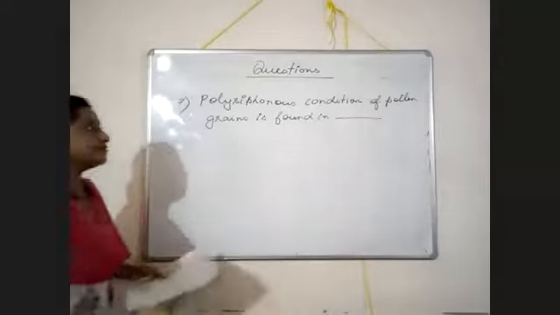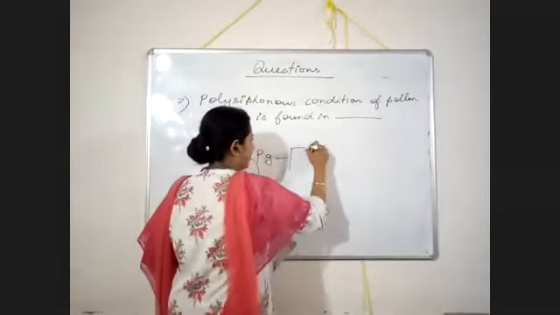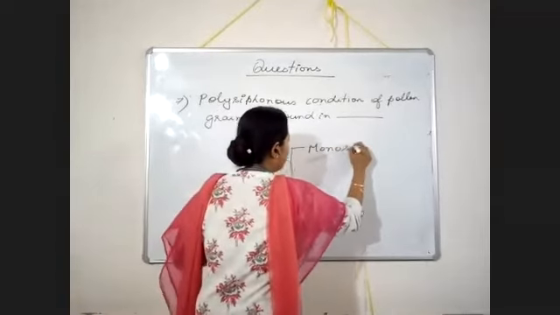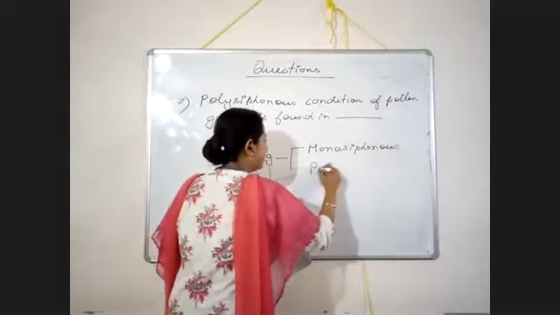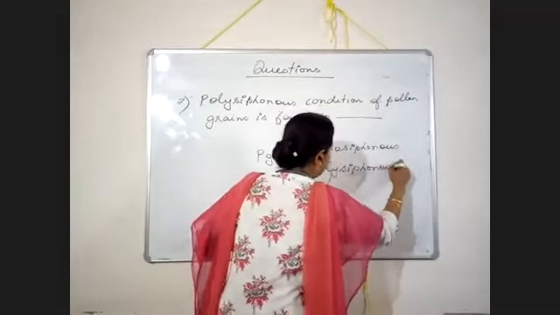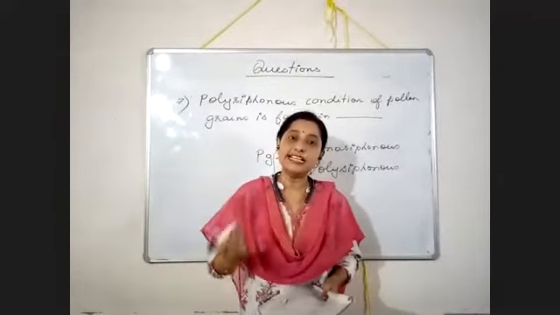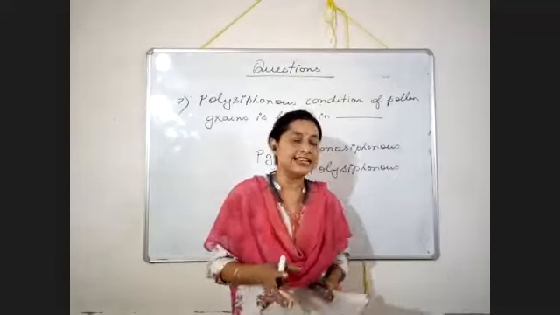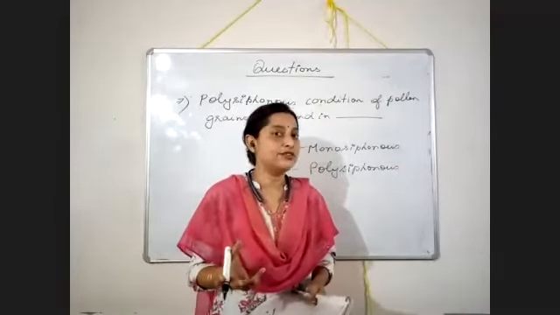So polysiphonous, pollen grain, there are two related words. One is monosiphonous and the other is polysiphonous. So we have a word called siphon. What is a siphon? A tube-like structure is called a siphon, right? So we are talking about the pollen tube that comes out of the pollen grain.